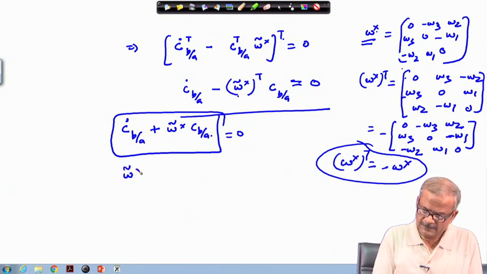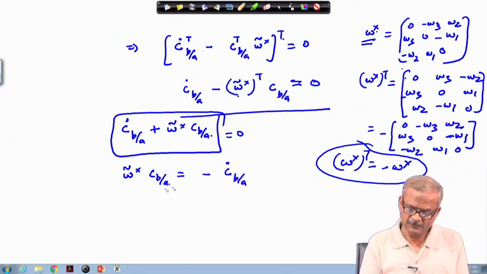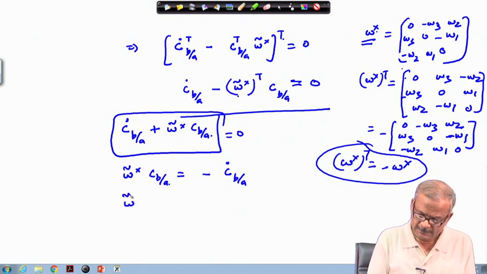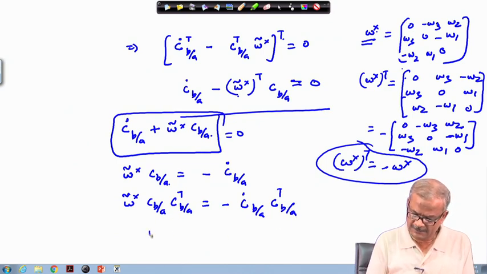Another way we can write this as omega tilde C B slash A equal to minus C dot B slash A, and then operate on both sides by C B A transpose, so this quantity is I, so that gives you omega cross.